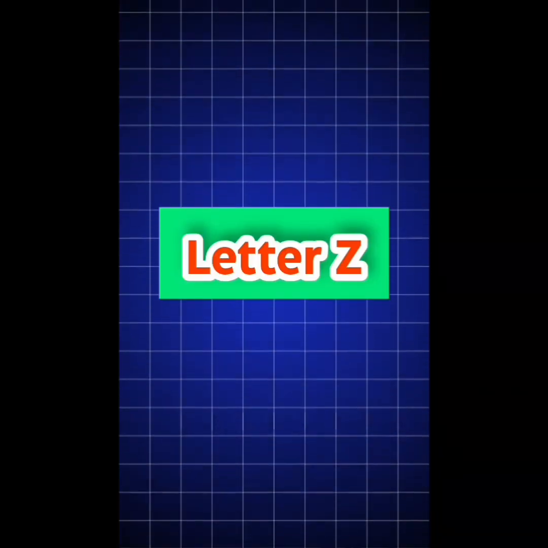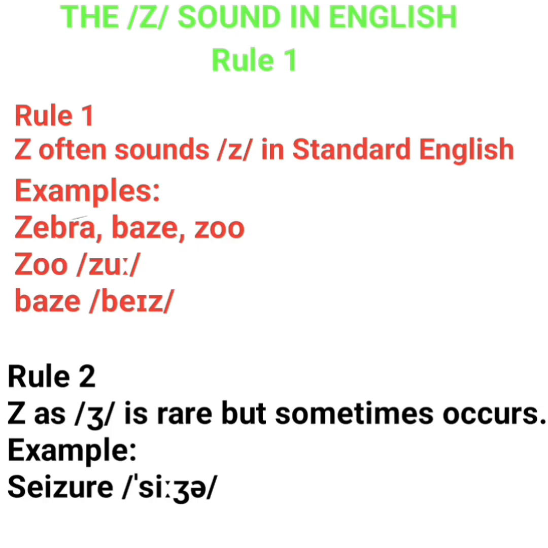On a final note, the last letter for the consonant classes is letter Z. When we are talking of letter Z, in the majority of English words it gives the normal Z sound, like zebra, zoo, base, and so on. However, in very rare cases, some Z will give the J-like sound, like seizure.